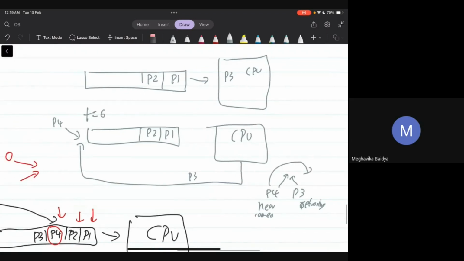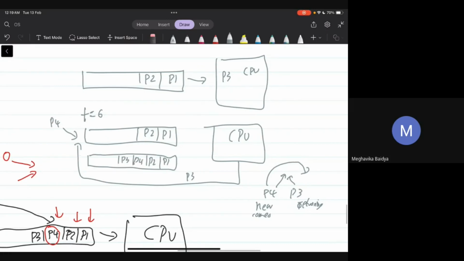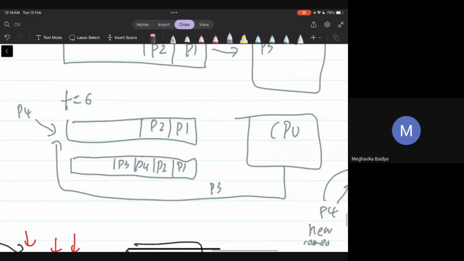So if you see the queue after that split second, it becomes P1, P2, P4, and then P3, because the old guy will let the newcomer ahead of him, but P1 and P2 won't let P4 cut the line, right? They are already waiting. That's what we are doing here.